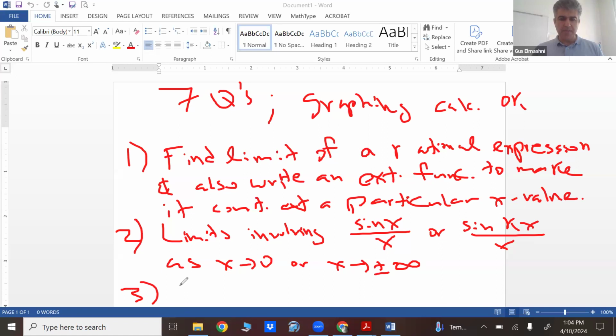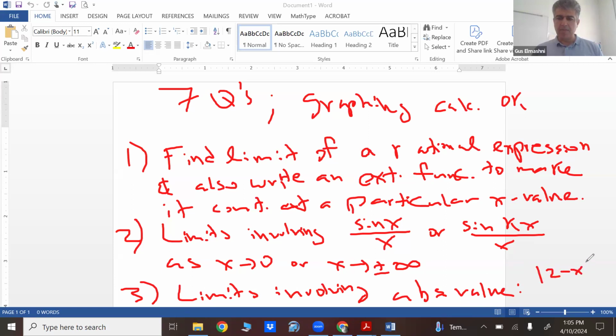Also, limits involving absolute value. So for example, if you have something kind of like that.